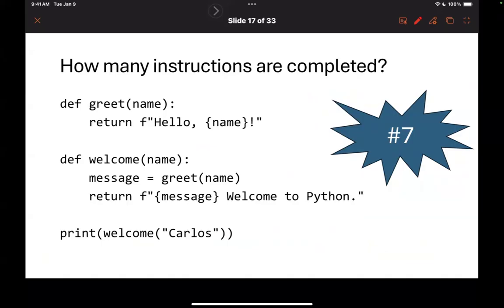How about this one? That's what she's saying.